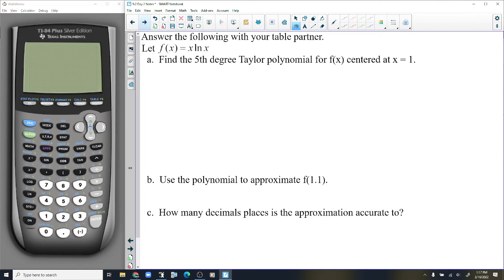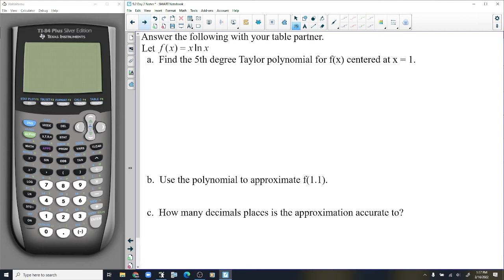All right, with your table partner. Want to slide over there? Discuss. Do this. What do you think? You can cheat. You can look at anything you want. I think this one you have to build. You just have to build this one. x times 1 over x is 1, by the way.